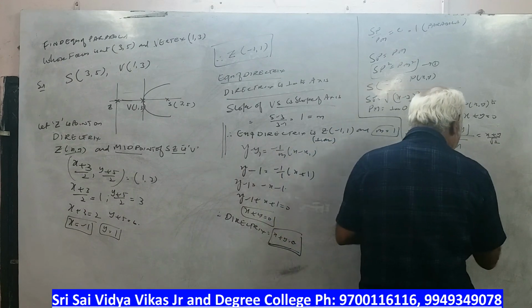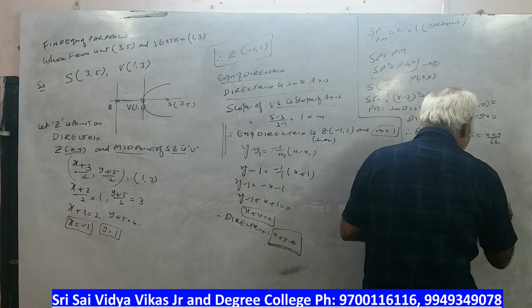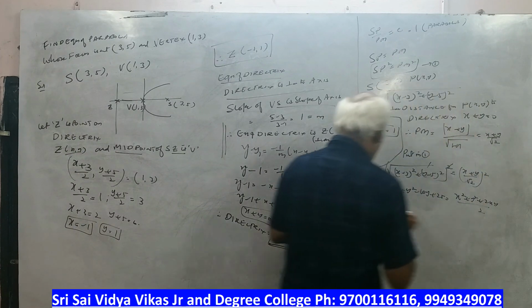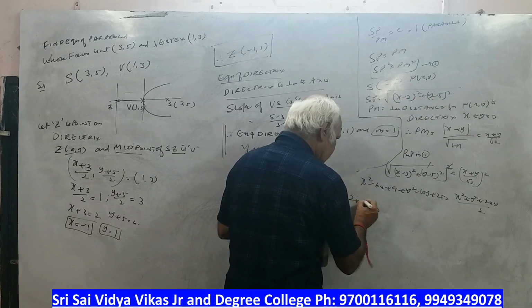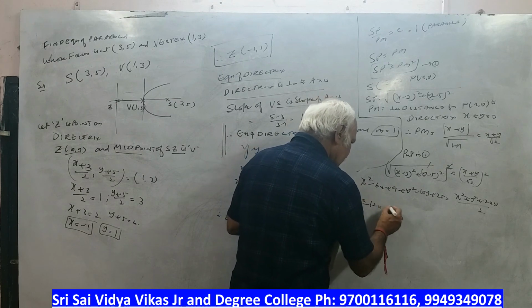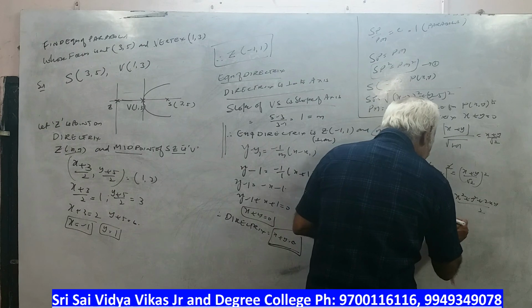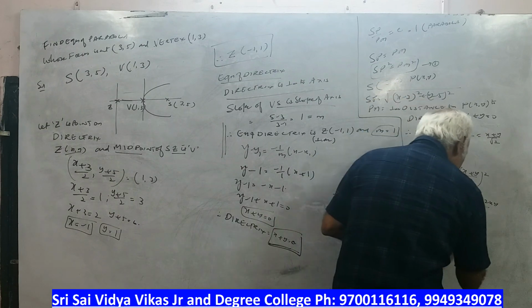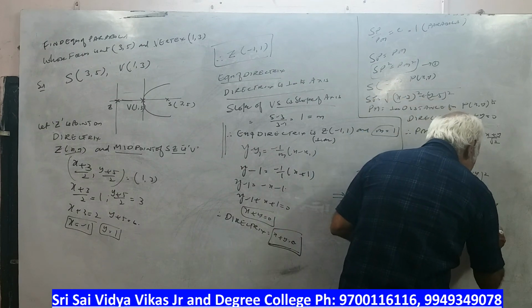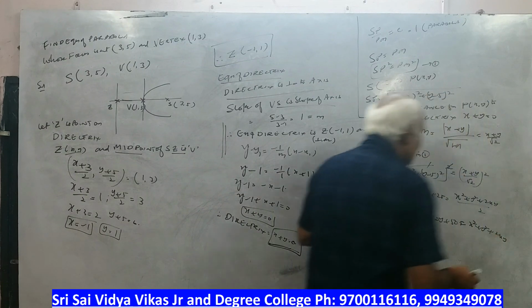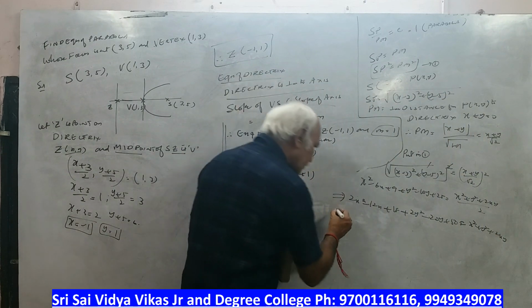This is (a plus b) whole square: x square plus y square plus 2xy, by 2, cross multiplication. 2x square minus 12x plus 18 plus 2y square minus 20y plus 50 is equal to x square plus y square plus 2xy. So what will happen? Bring x square and y square to this side.